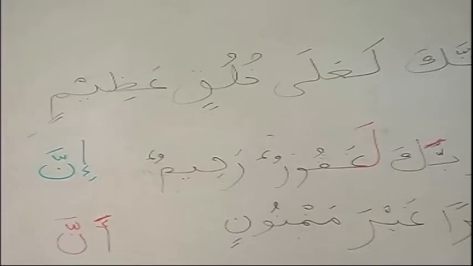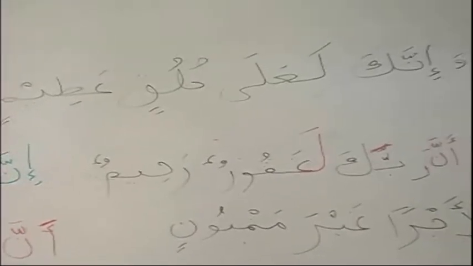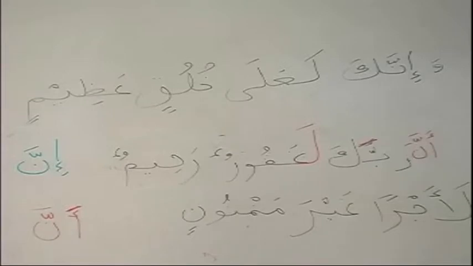Innaka la ala khuluqin azim. So, if I remove inna, and if I remove la, what will be the sentence? Wa anta. What will it be? Wa anta ala khuluqin azim. You are on a lofty character, a splendid character. Now I want to emphasize. So I say inna.